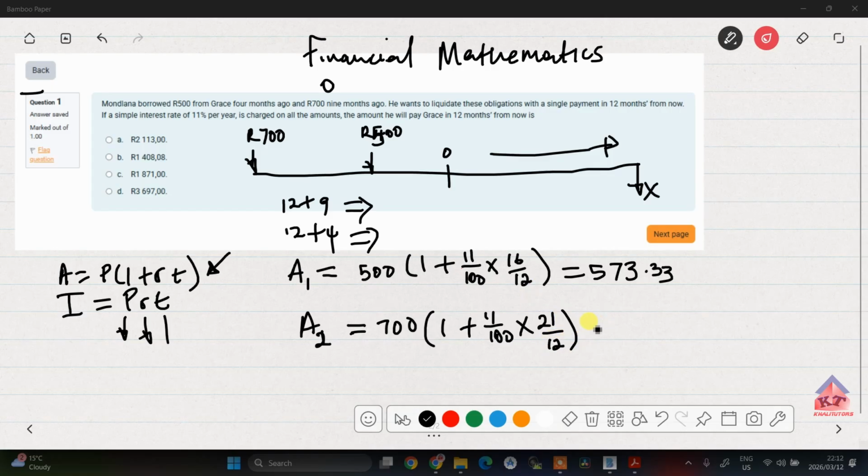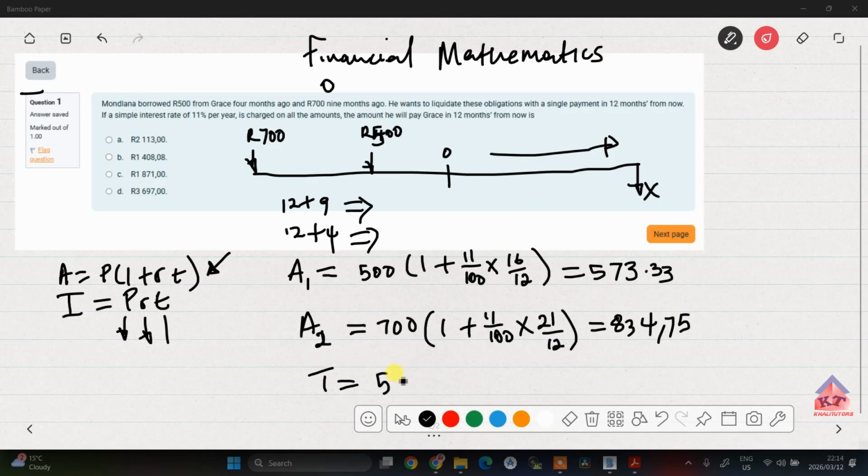Then take out your calculators to get the answer here. The answer that you're going to get in the second calculation is going to be 834.75.